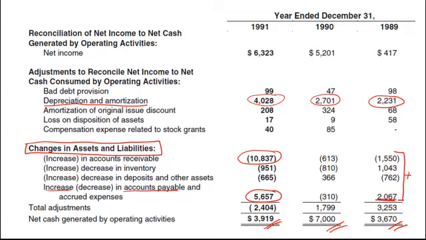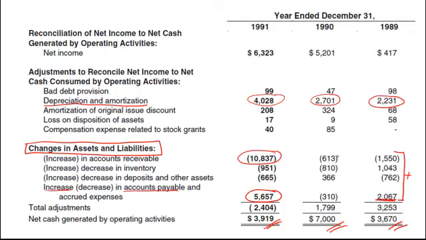We generated cash from the working capital accounts. It also means that the working capital accounts went down, and that's why those were a source of cash.